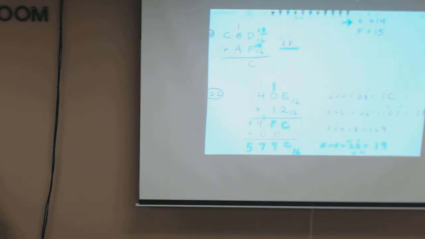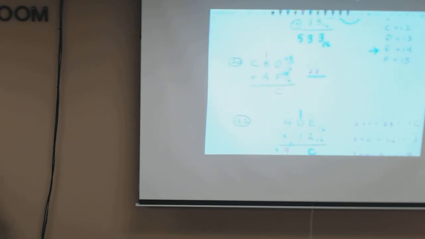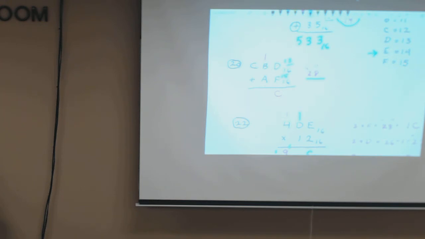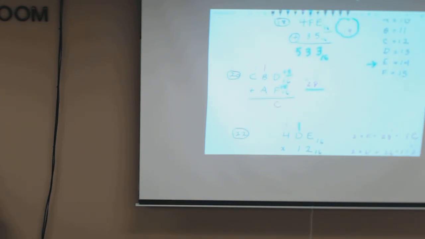Oh, we're multiplying. What am I doing? You never finished problem 20. Oh, I didn't finish 20 up here. Sorry about that. So 15, jumping down to the next problem. So I've got 28, and then I have 1 and B and A. And what's B? 11. What's A? 10. So 10 and 11 and 1 is 22.